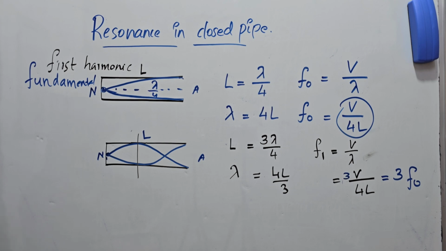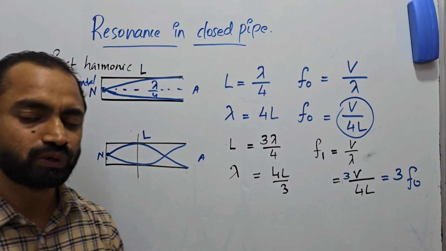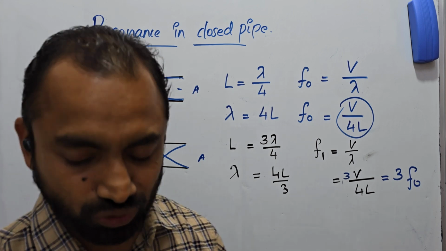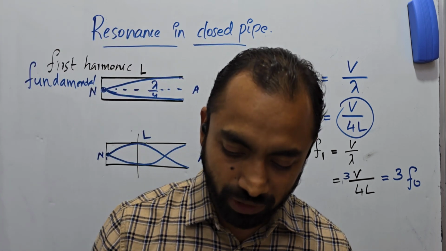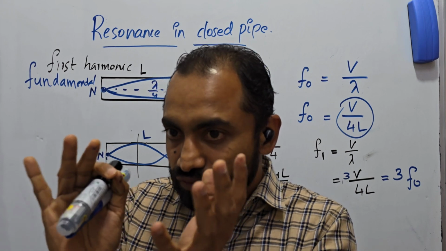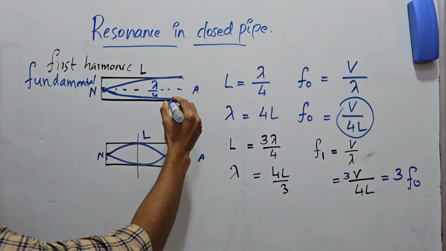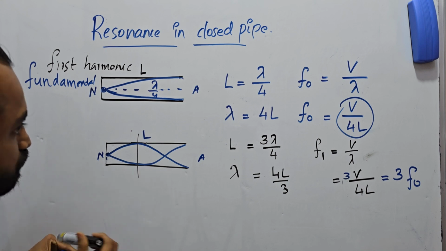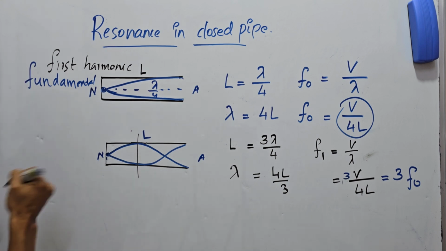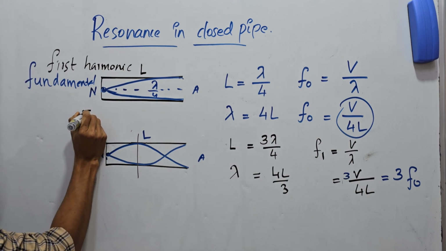Okay, students. Okay, so for example, this pipe will not produce a lot of frequencies. This pipe will produce only some frequency sound. For example, this pipe is first producing a sound of, say, 5 hertz.